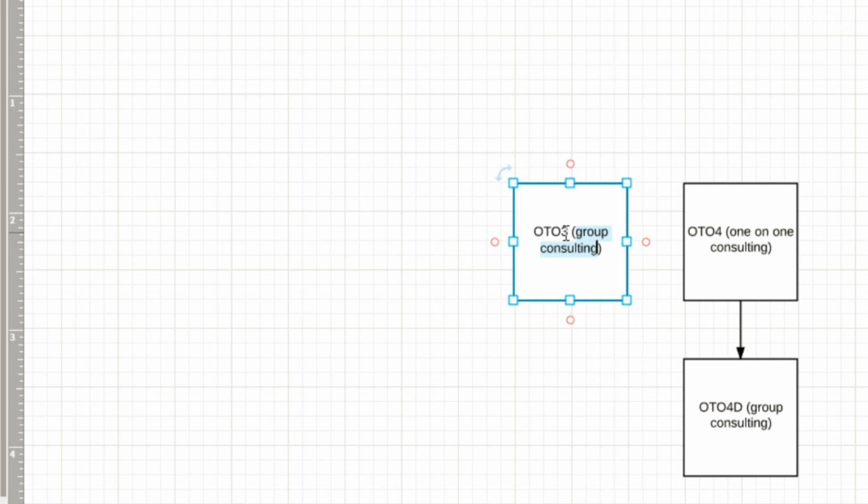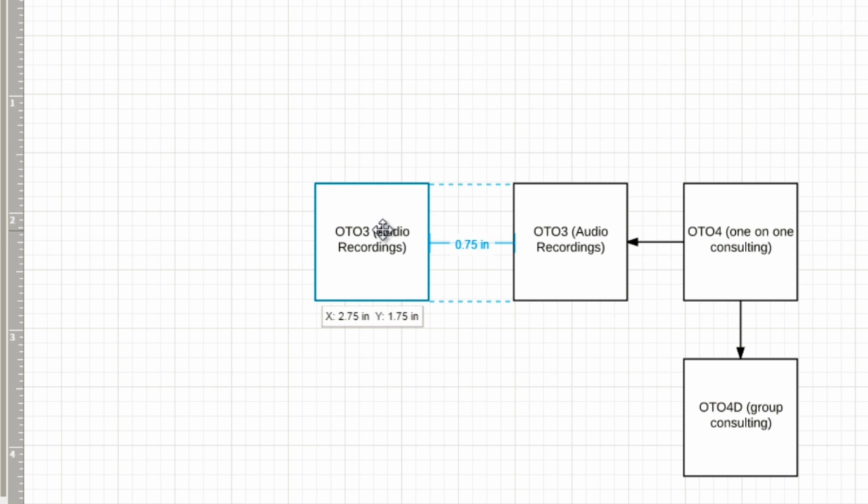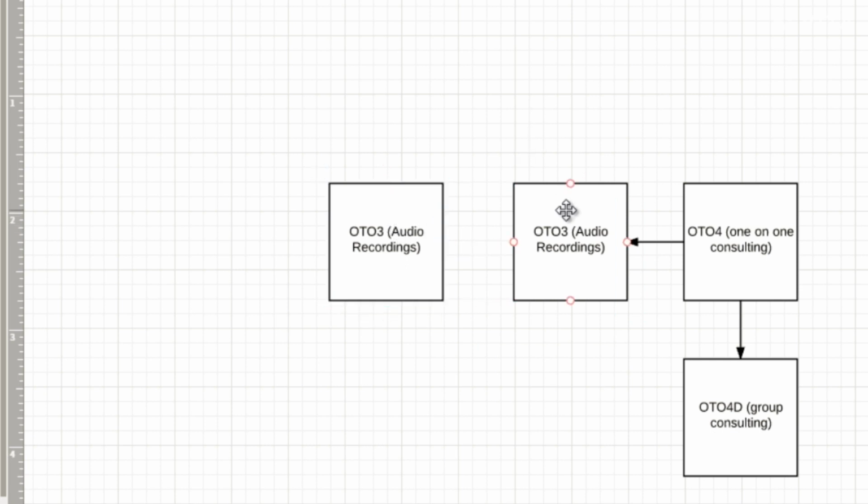So OTO 3 could be something like audio recordings, and that could be that. You know, we could have something else. It doesn't have to be that. So it could be audio recordings. That way, if somebody buys the audio recordings, they're thinking, okay, this is all I can afford. I'm going to stop here. But then you've got your premium buyers who will be like, okay, you know what? I want to get one-on-one consulting, right?